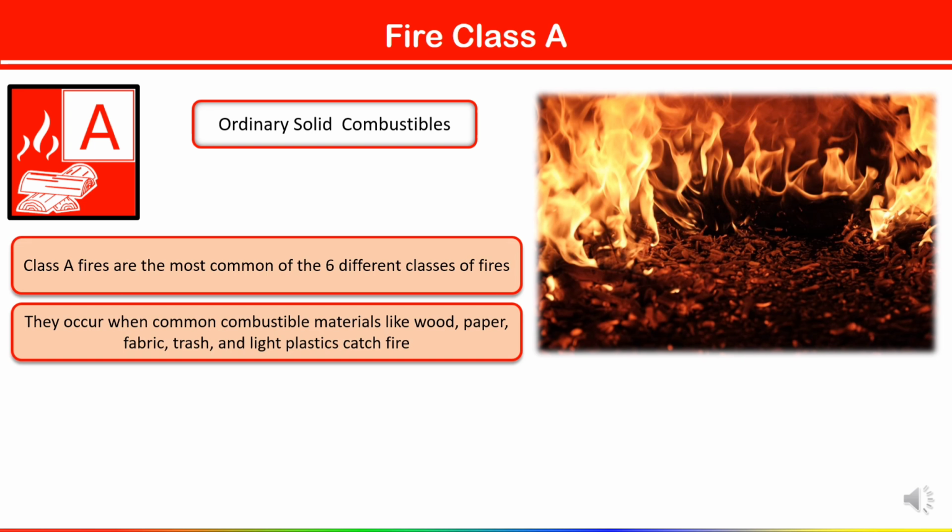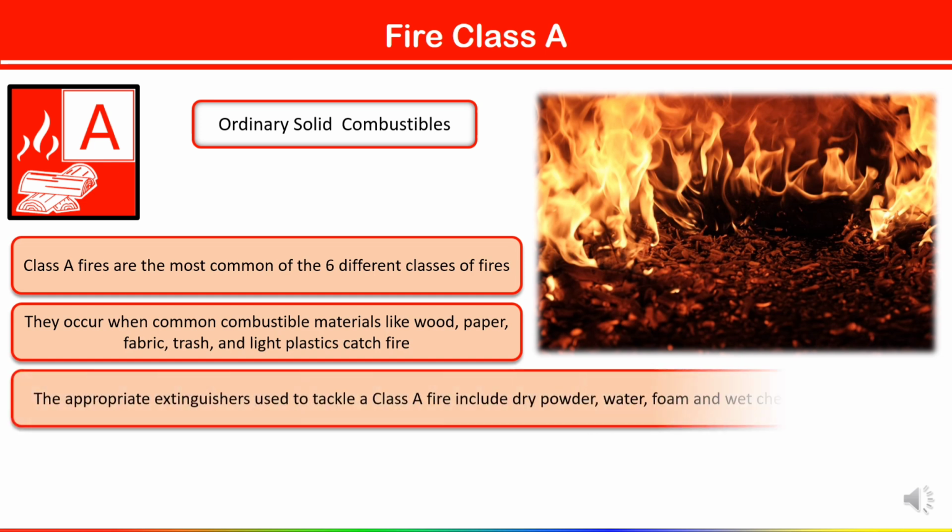Now the question is, which type of extinguishing agent or extinguisher we have to use to extinguish class A fire. So here it is given, the appropriate extinguishers used to tackle a class A fire include dry powder, water, foam and wet chemical extinguisher.